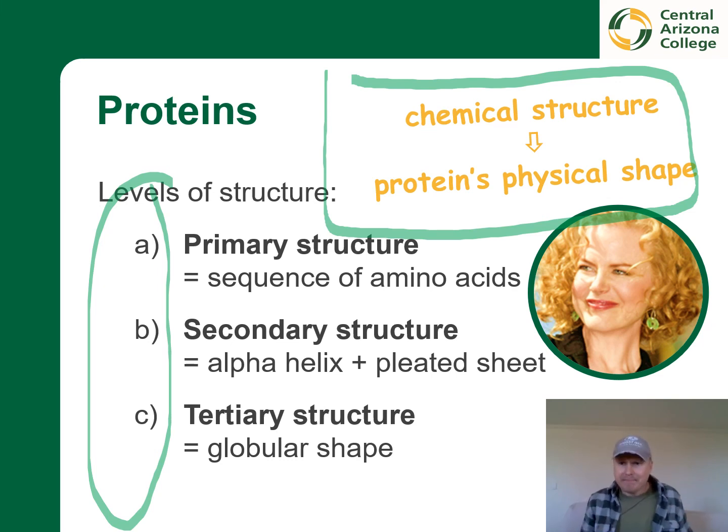Well, Nicole Kidman does not have naturally this curly hair. She must have taken a perm to get it. And what the perm does is that it actually chemically alters the chemical structure of hair protein, which then results in a physically visible change in the protein's shape as well. So that's how Nicole Kidman relates to our discussion of proteins.